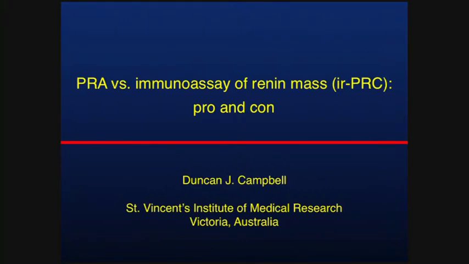In clinical medicine, we are often measuring substances such as tissue plasminogen activator, where we have the choice between activity assays and mass assays. What's called a direct renin assay is actually an immunoassay of renin mass, otherwise known as immunoreactive plasma renin concentration. And I'm comparing that with the standard old-fashioned assay, which is plasma renin activity.